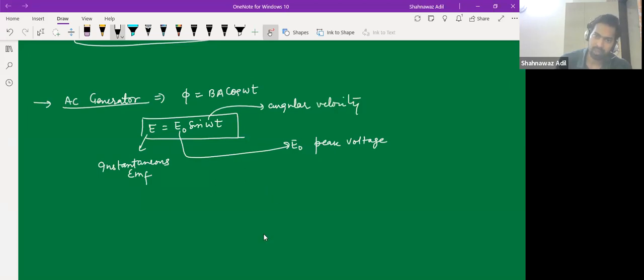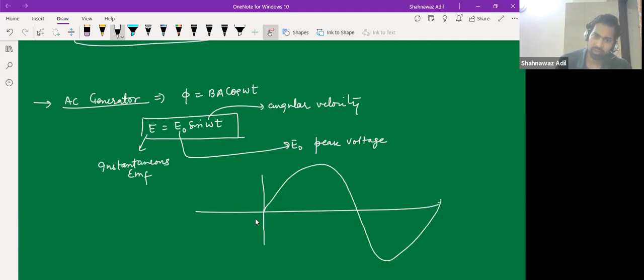And then we made the graph of this behavior. This was 0, then pi by 2, then pi, then 3 pi by 2, and then 2 pi.